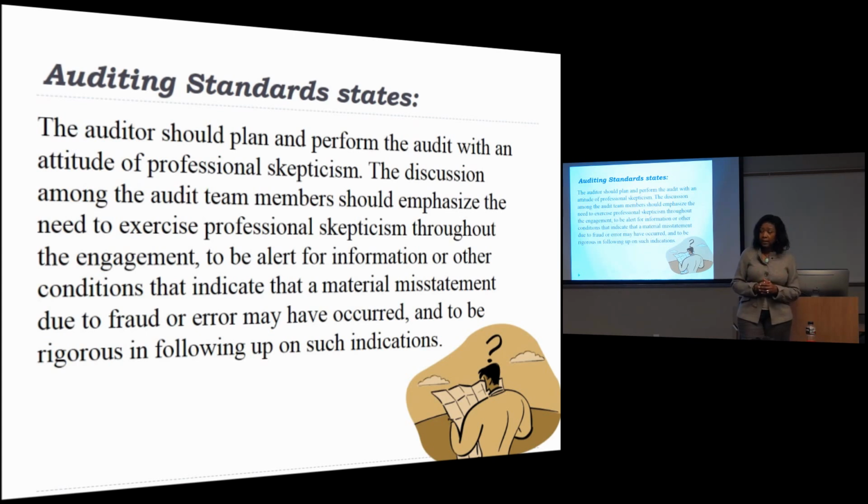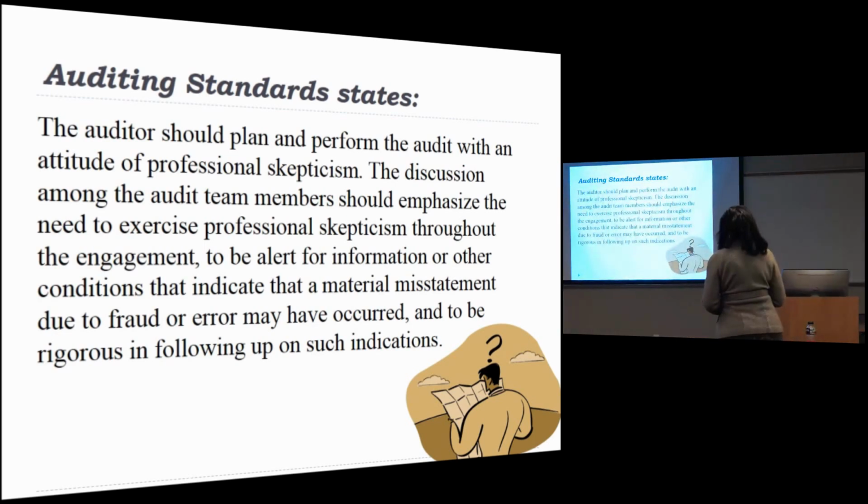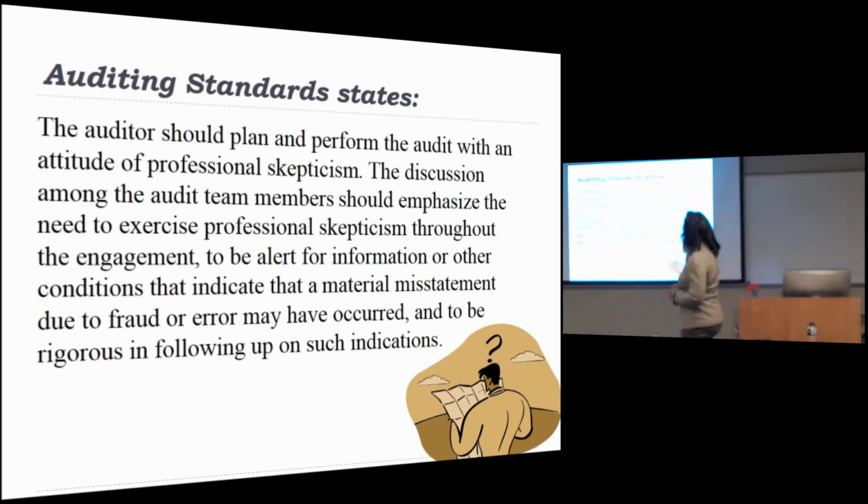They weren't skeptical enough. You'll see that type of wording in those reports. So how do you think you can measure professional skepticism? Because it's not going to be a box that auditors tick off. How do you think you can measure it?